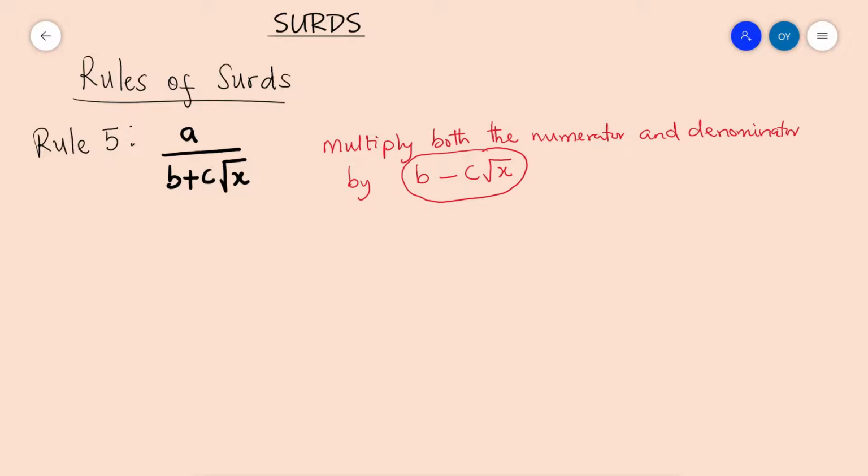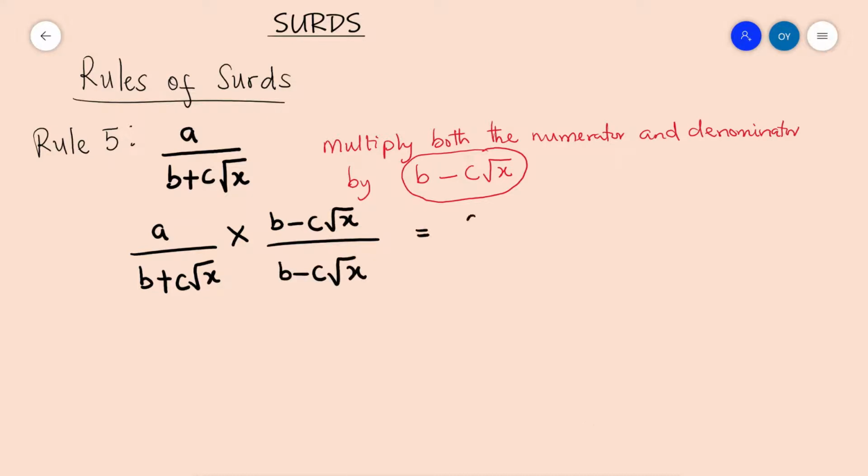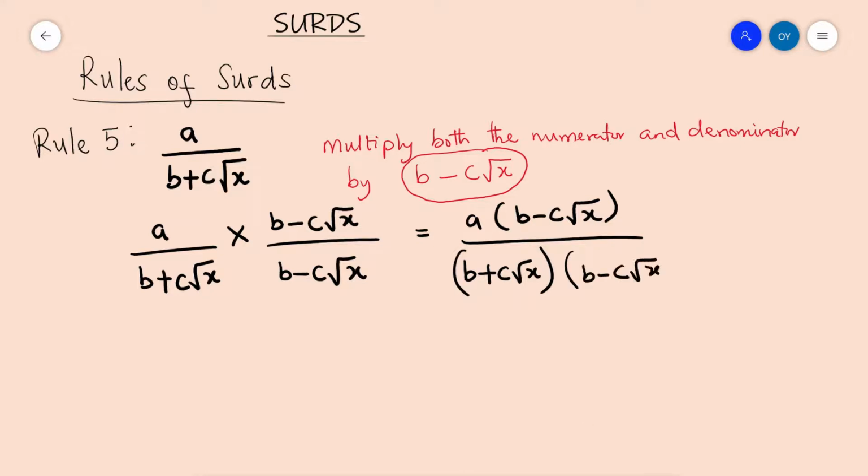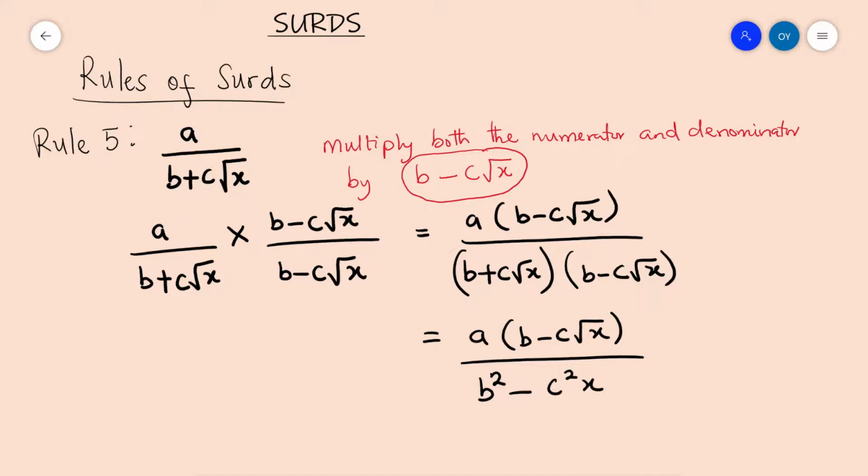So we have a over b plus c root x multiplied by b minus c root x over b minus c root x, and this is a bracket b minus c root x divided by b plus c root x times b minus c root x, and this is a bracket b minus c root x divided by b squared minus c squared x. How did we arrive at this?